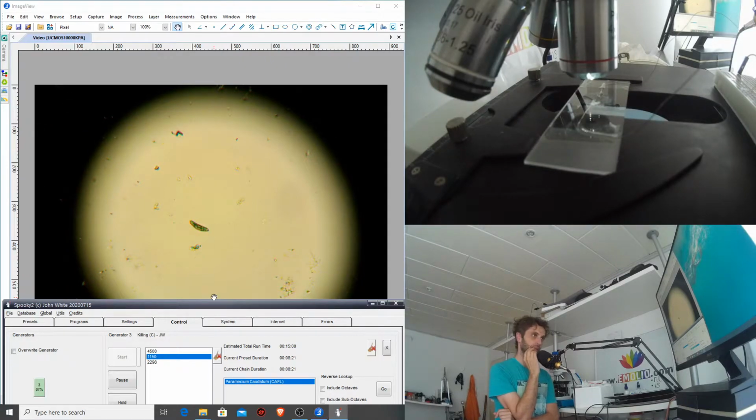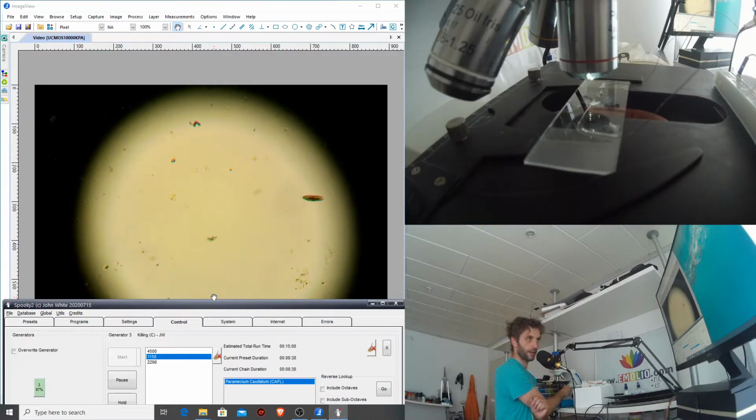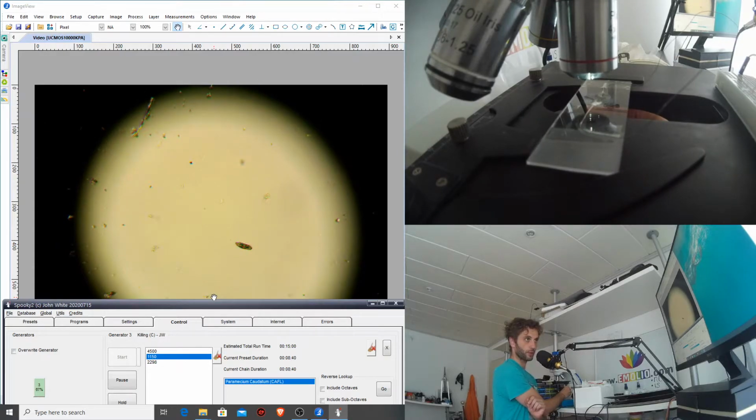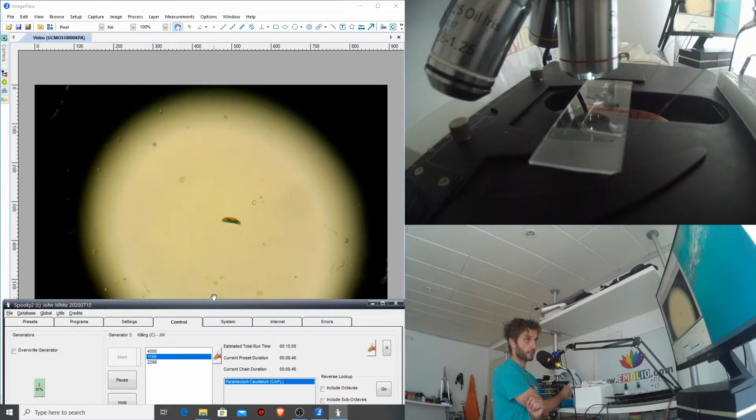But for that we need another microscope and another microorganism. But this microorganism is definitely having some trouble with these frequencies or this amperage or this voltage.